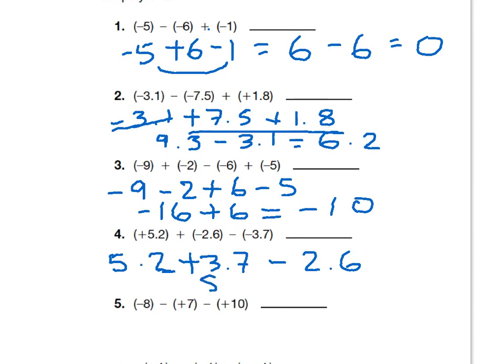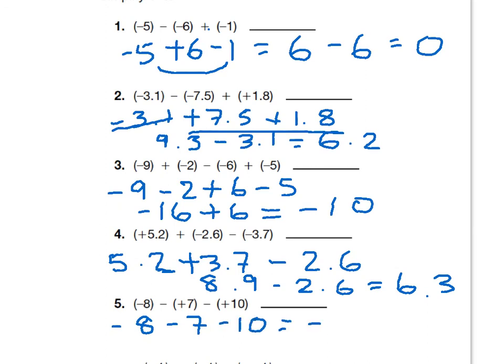We're going to get 8.9 minus 2.6. 8 minus 2 is 6, and the 0.9 minus the 0.6 is 0.3, and I get 6 3/10.